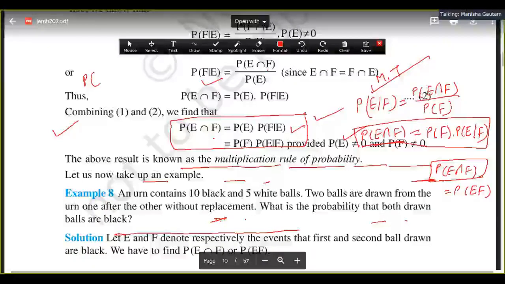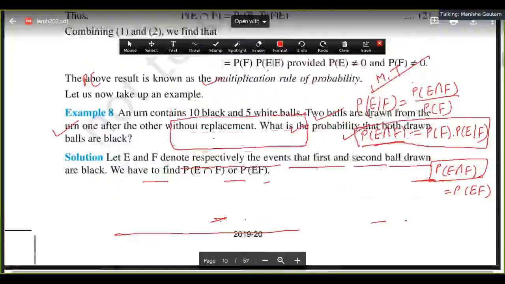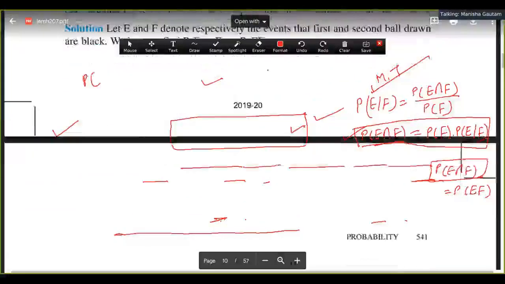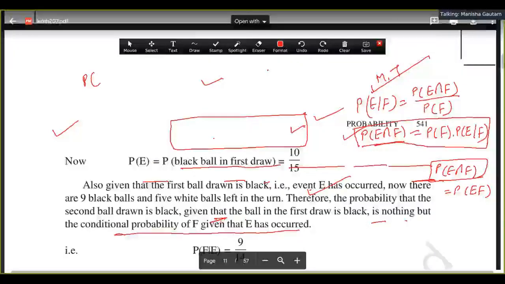First ball, when you are picking from the bag, that is black, the probability is 10 upon 15. That is 10 upon 15 when you are picking the first ball. If you are not replacing that ball and you are picking another ball, it means the black balls reduce.